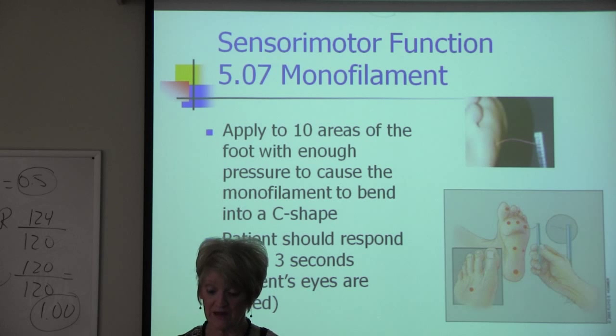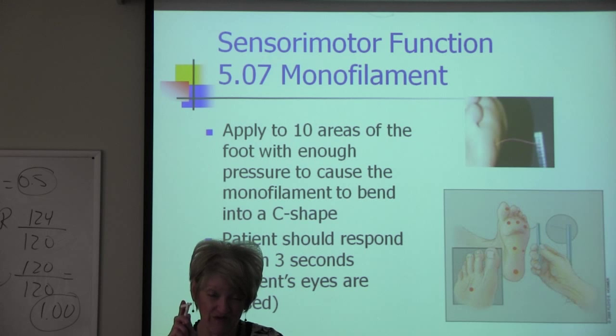Here's what they will tell me. I'll say, now I'm going to do another test. Let me show you this. I press it against their hand and they will say, woo, that's really stiff. That kind of hurts. I'm like, okay, I'm going to test this on the bottom of your foot. They'll be like, I know I'll feel this. But what if they don't? It really catches their attention if they fail to respond to this.